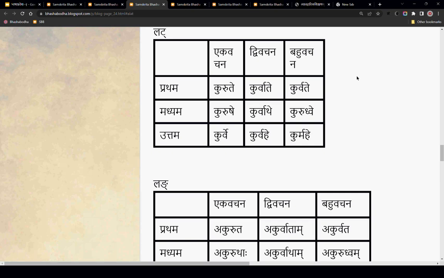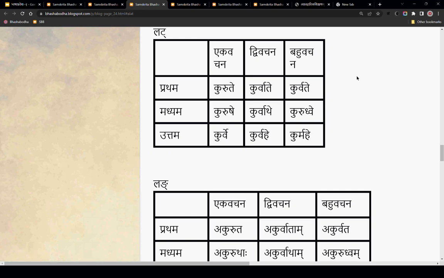Yeah, it's parasmaipada. So we're talking about others. Parasmaipadi is just a technical word, just a name. It doesn't mean you, me, nothing. We'll see what it means, but don't get confused that parasmai means you.